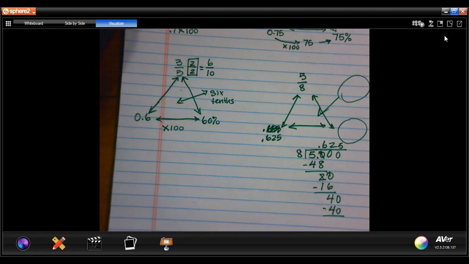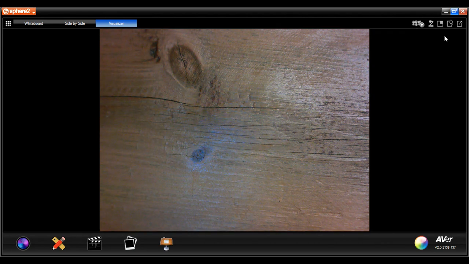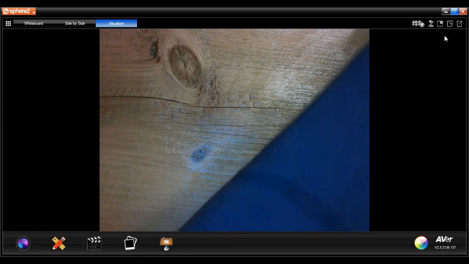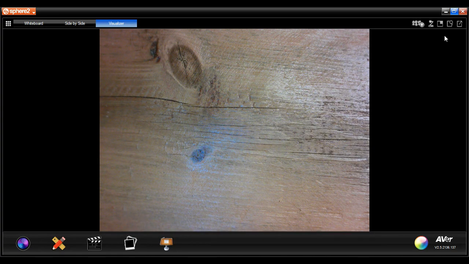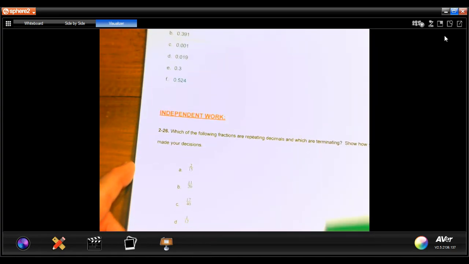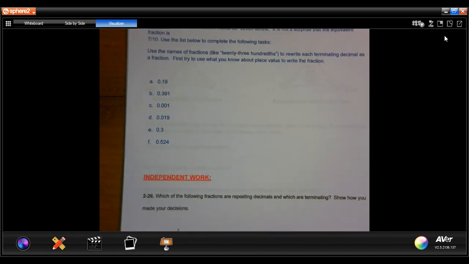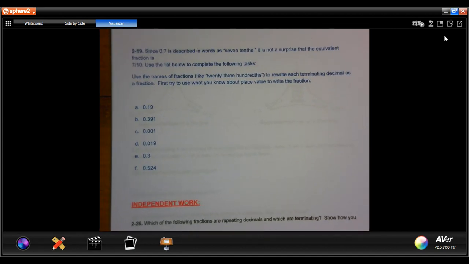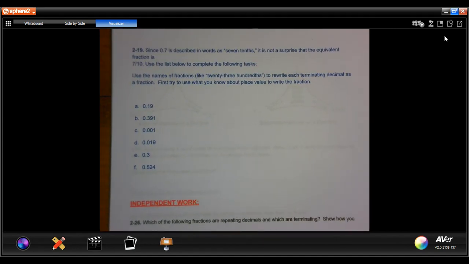The next part of our work for this assignment has us looking at problem 2-19. And 2-19 is asking us to use the names of fractions to rewrite each terminating decimal as a fraction. First, try to use what you know about place value to rewrite the fraction.